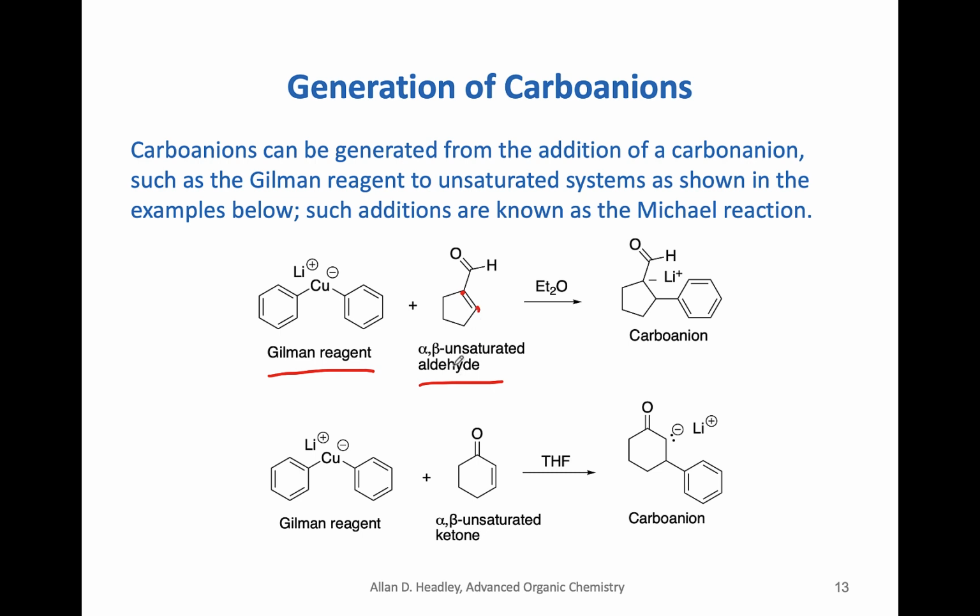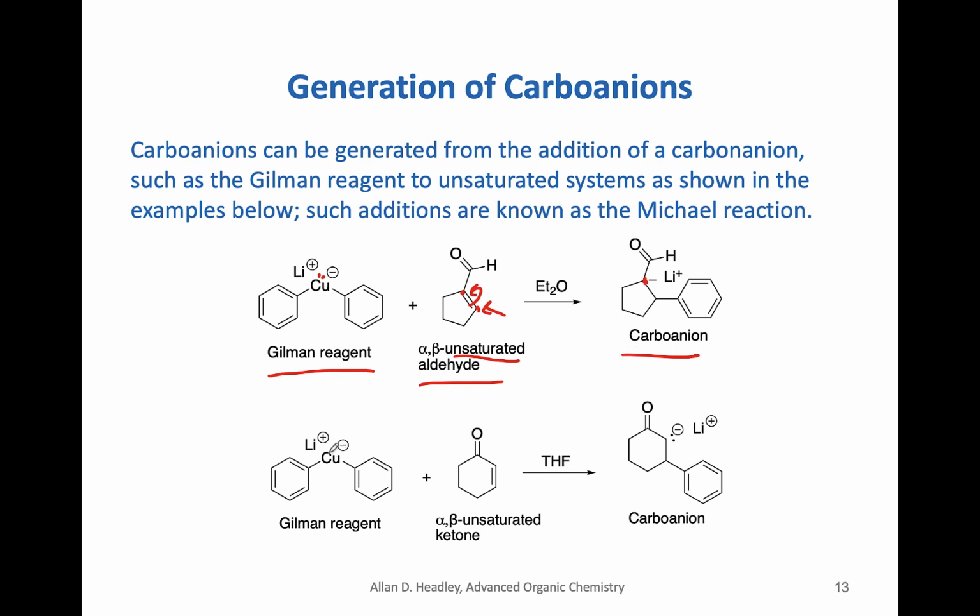So the alpha-beta unsaturation is right here. As you can imagine, these electrons from the anion can interact right here, and of course these electrons can come in here to create your carbanion right here. Of course, that's resonance stabilized again, but the bottom line is it is a carbanion.